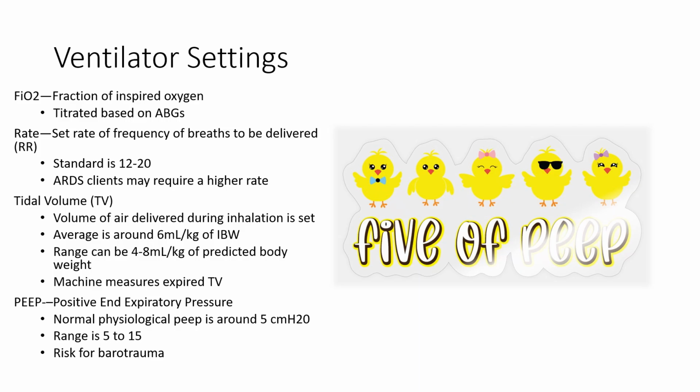We may look at their acid-base balance. For example, if a patient has metabolic acidosis, we may increase that respiratory rate. I've seen it in the 30s in this situation quite frequently. And we do that so that the patient can blow off that extra CO2 and help normalize their pH.